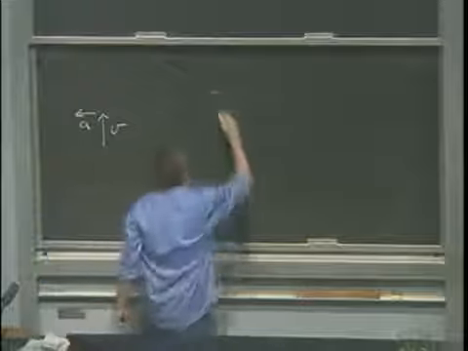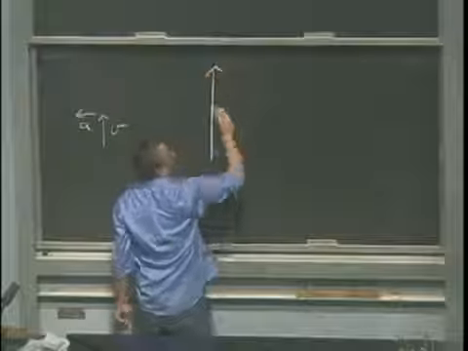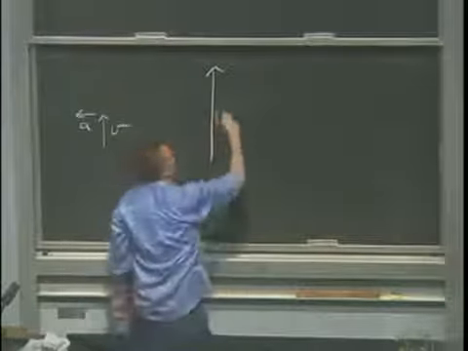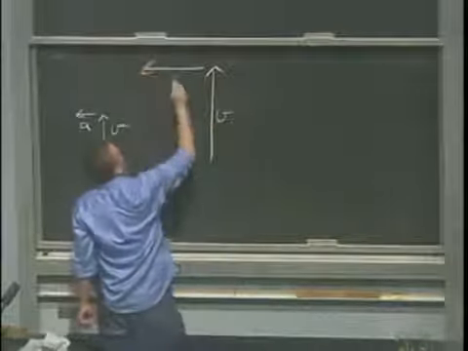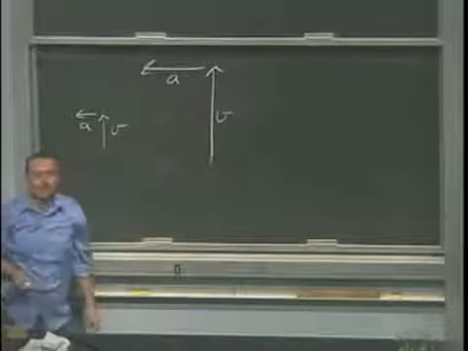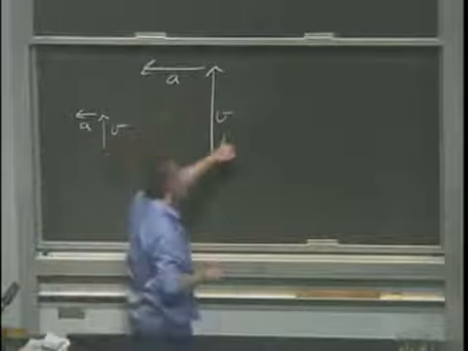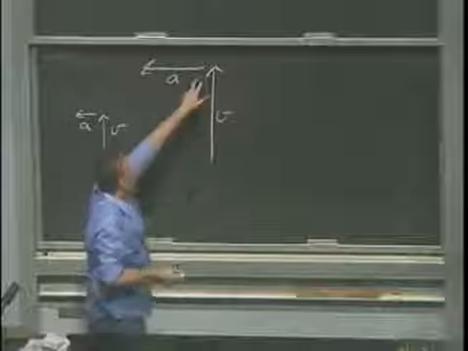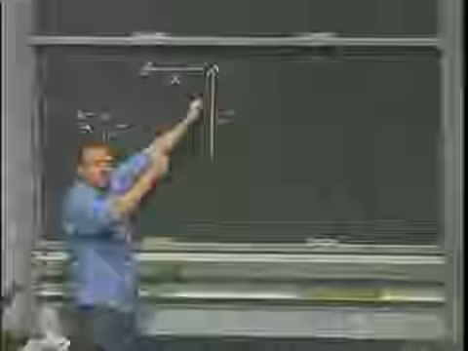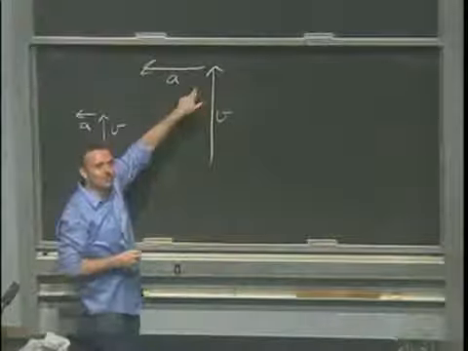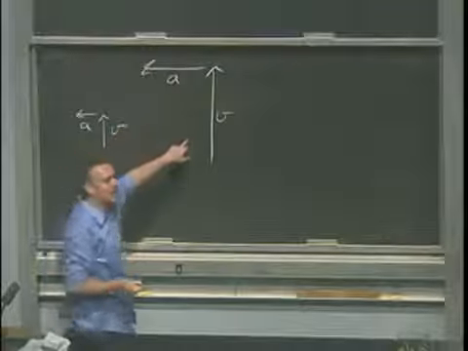And it's pretty obvious intuitively that if you have a larger velocity vector, you're going to need a larger acceleration in order to turn it. If the velocity is very large and the acceleration is very small, it's not going to turn it much at all. So you need a larger acceleration to turn a larger velocity.